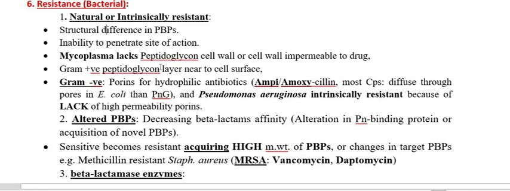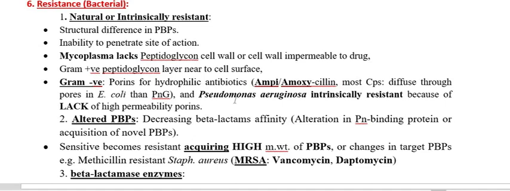Then see here, a naturally resistant species, Pseudomonas aeruginosa, is resistant to penicillin G. Why? Because Pseudomonas aeruginosa is gram-negative, so the outer layer is phospholipid. Second, the number of porins through which the drug enters is also less in Pseudomonas aeruginosa.